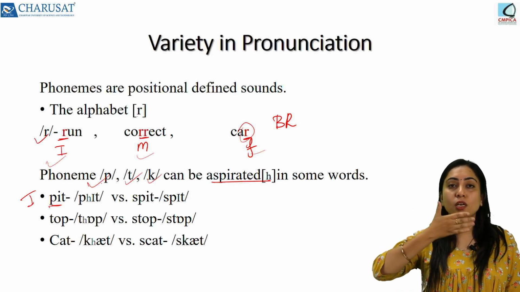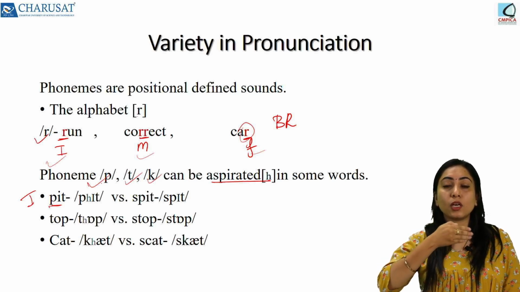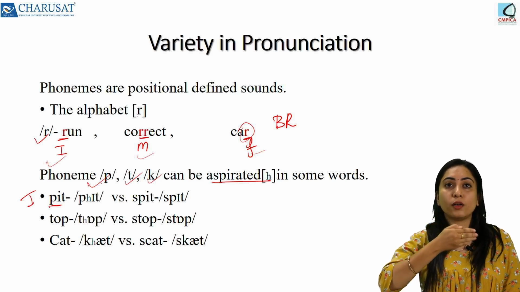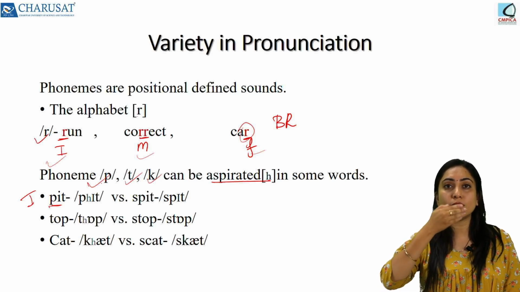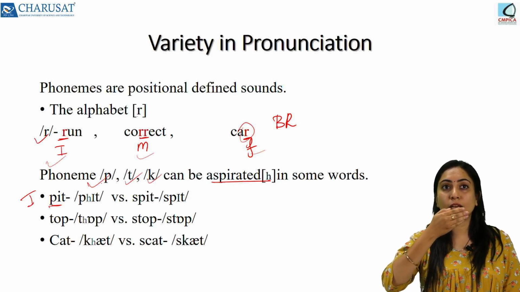By putting your hand in front of the mouth, try speaking p, and then try speaking p again, right? Whenever you say p, it is the puff of air that you will feel in front of your hand. P, t, k. When you say k, it won't be there. When you say t, it won't be there.